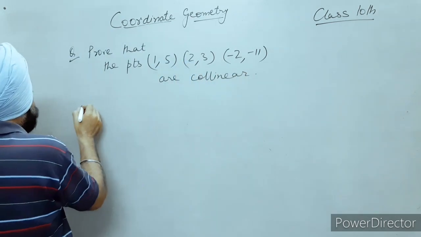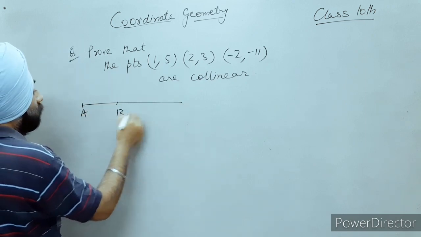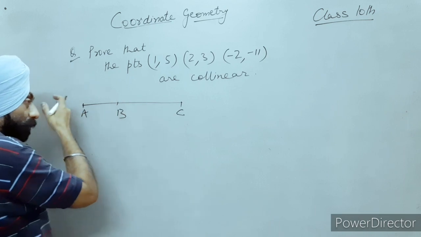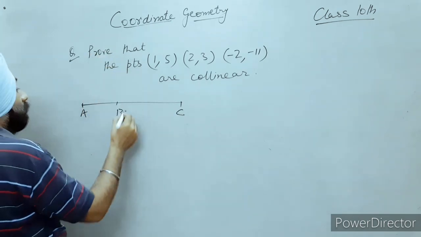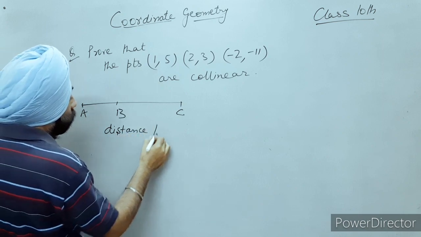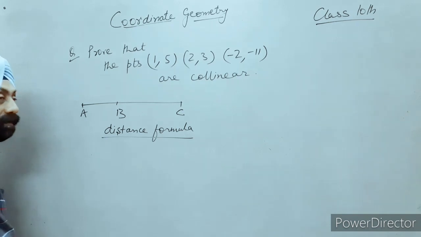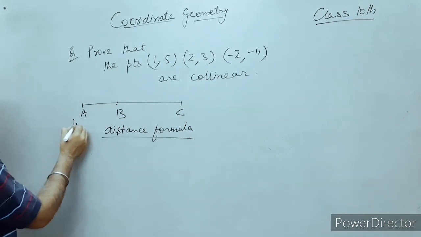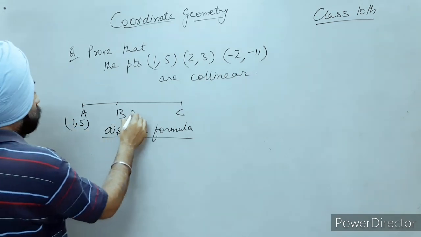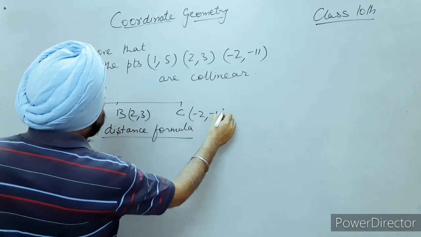Which means I have to prove that A, B and C, they lie on one straight line using distance formula. A point is 1, 5, B point is 2, 3 and C point is minus 2, minus 11.